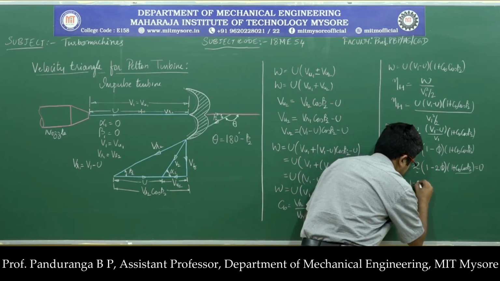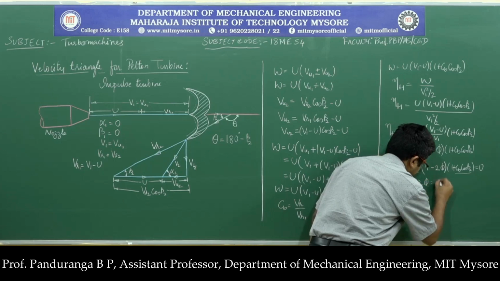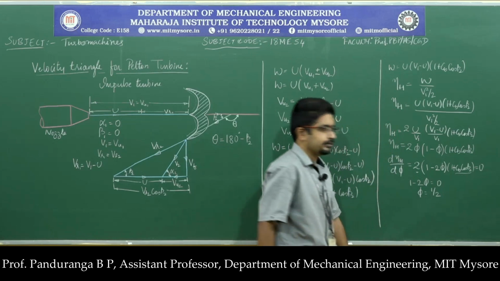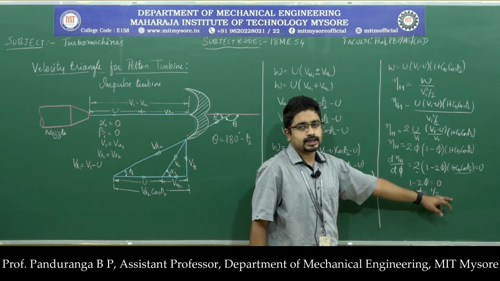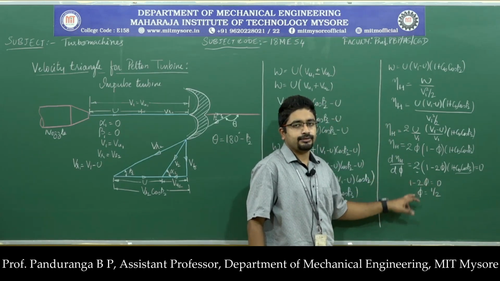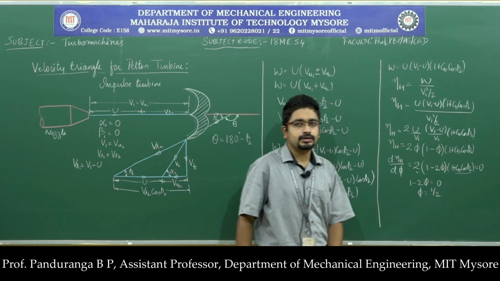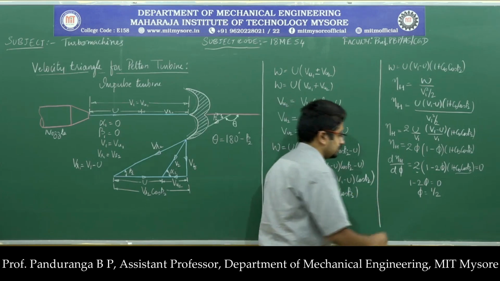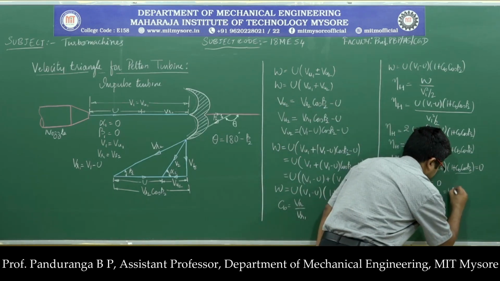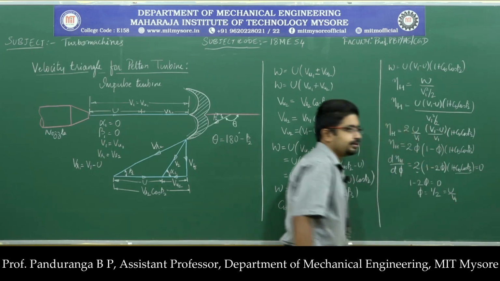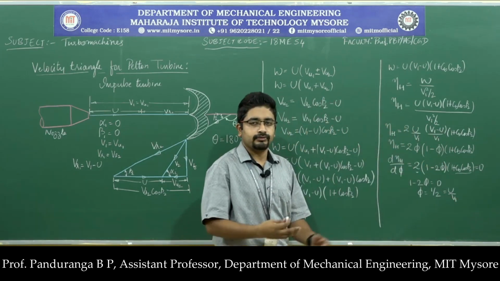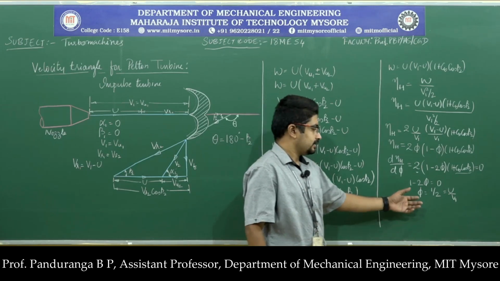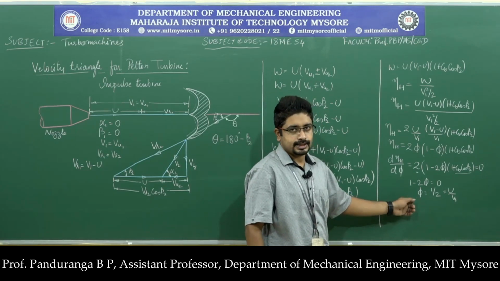So if 1 minus 2 phi is equal to 0, I will take 2 phi to the other side, then phi will be equal to 1 divided by 2, or phi will be equal to half. So phi, which is nothing but u by V1, is equal to half, or V1 is 2 times u. This is the condition for maximum utilization.